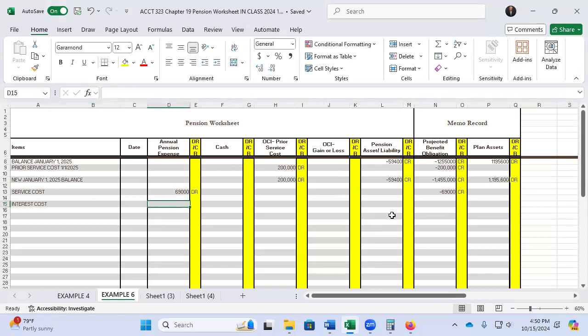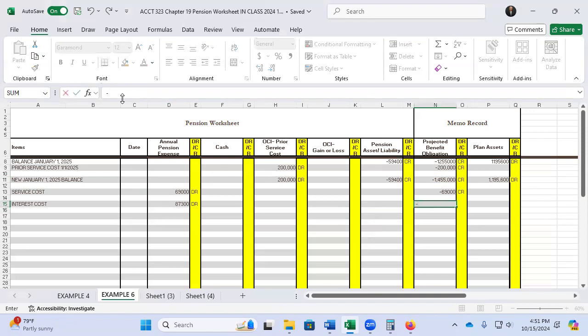And our interest cost now is going to be based on the 1.455 million obligation. And we're going to have to multiply it by the rate, which the settlement rate is 6%, so 0.06. That should not be negative. Got to put the negative in there. And so that's a debit, increases our expense, but it also increases our obligation. And so that's our credit.